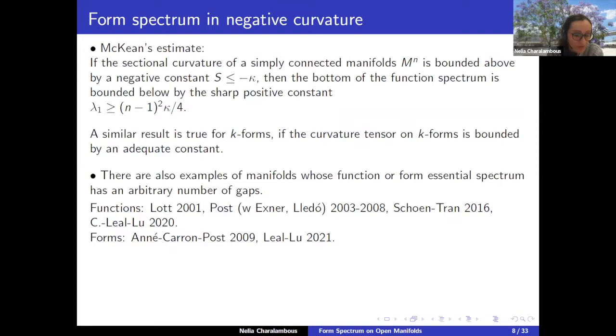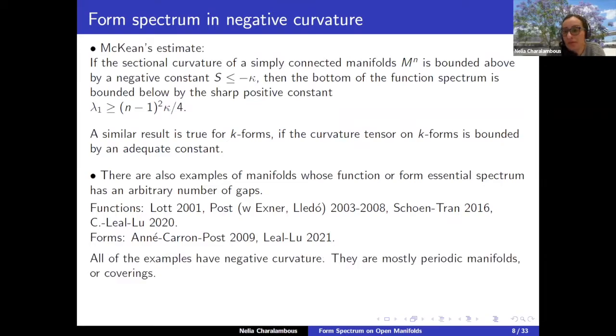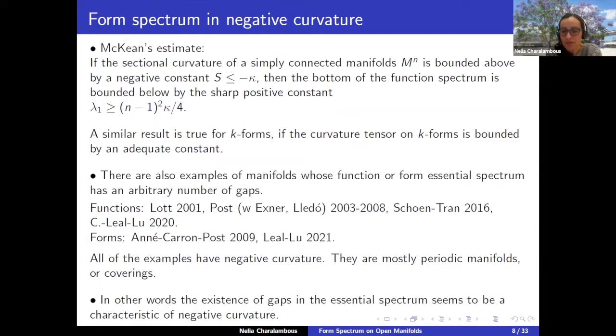But a common characteristic of these spaces is that they all have negative curvature, and they are mostly periodic manifolds or coverings of manifolds. In other words, the existence of gaps in the essential spectrum seems to be a characteristic of negative curvature.